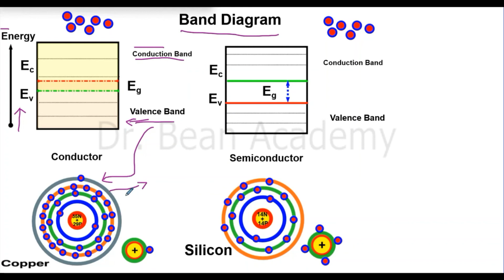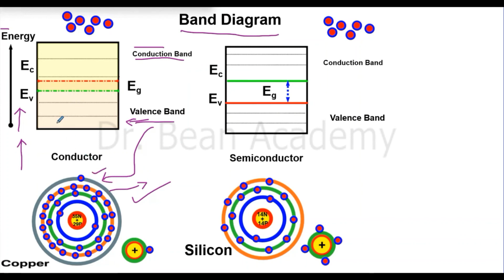So if we want to represent a conductor, say copper, in terms of a band diagram, this is more convenient for showing the energy levels than an image or diagram of an atom showing the valence electrons.